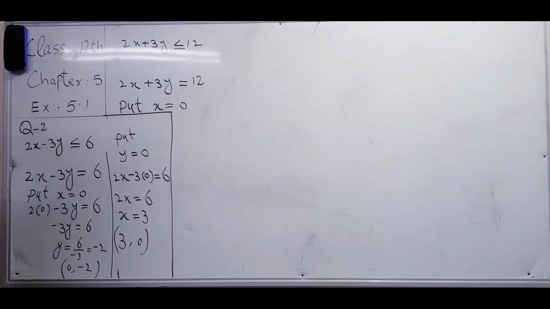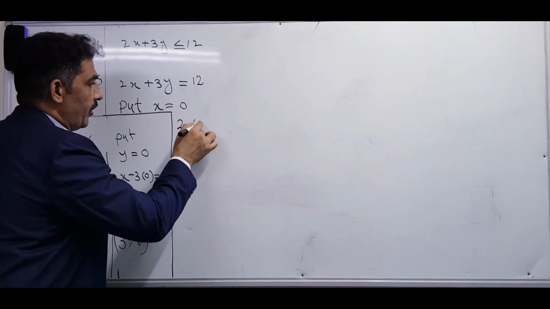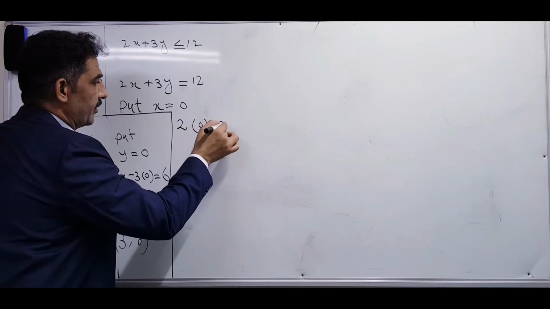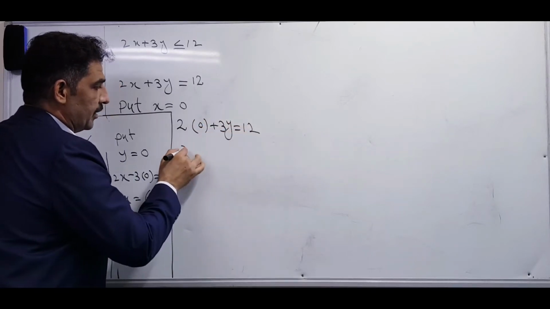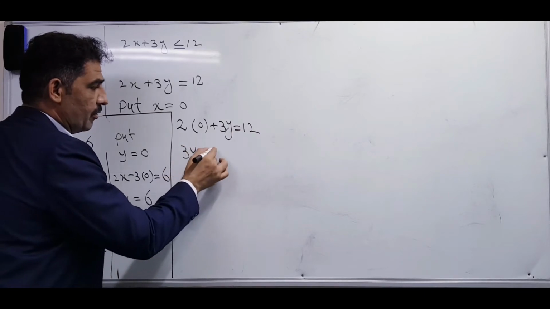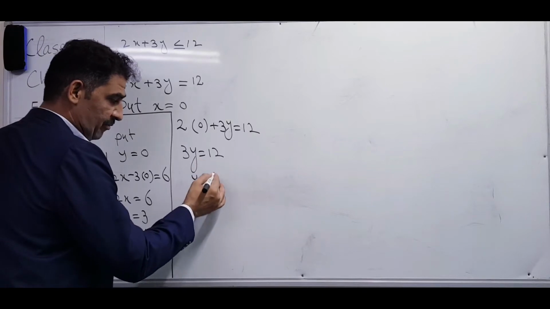Put x is equal to 0, then find the value of y. So 2 into 0 plus 3y is equal to 12. So 3y is equal to 12, and the value of y is equal to 4.